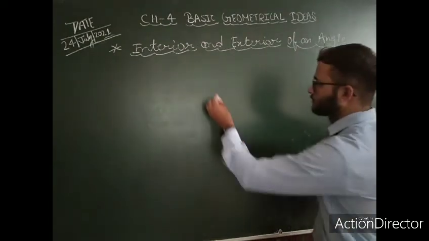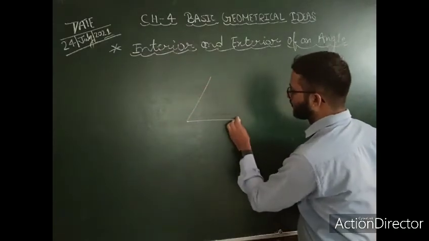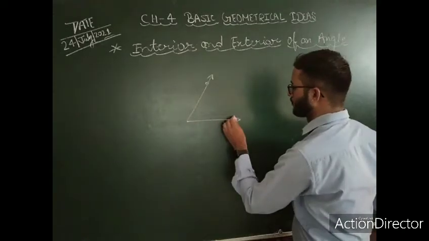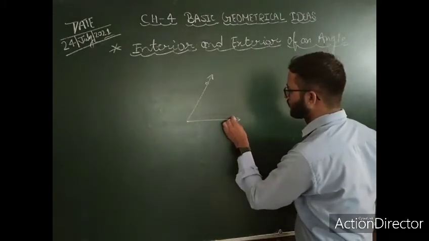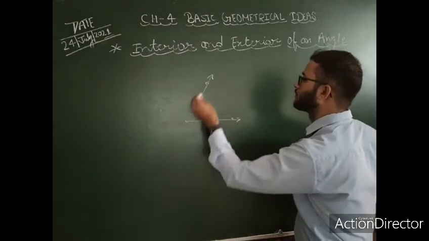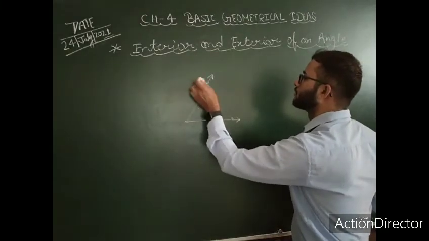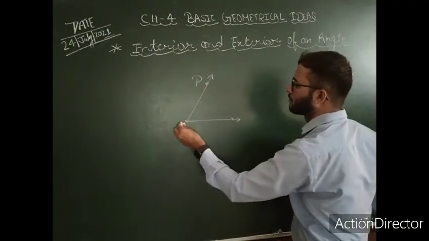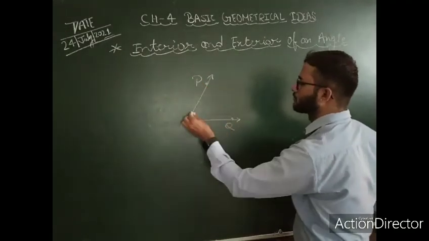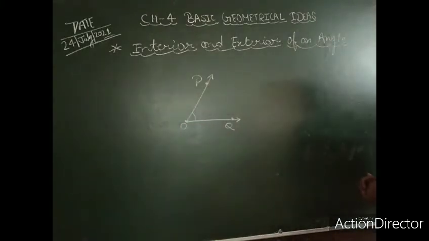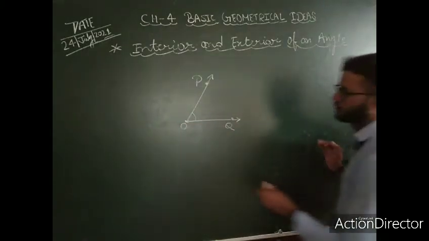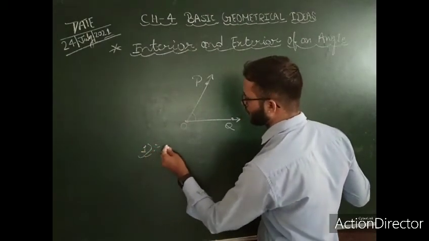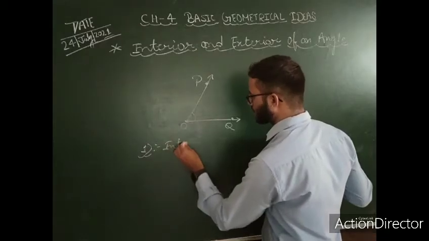Interior and exterior points. Now here we make one angle and give the name of this angle and these points as P, O and Q, right? So now here we will discuss three points. First, interior points.